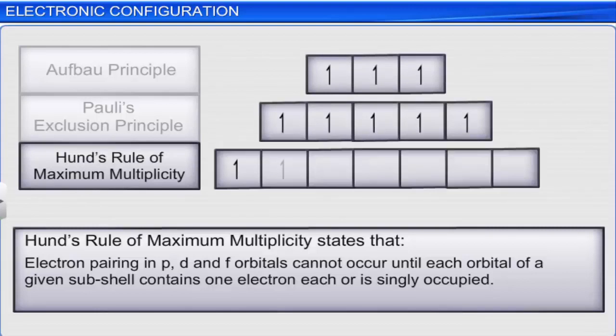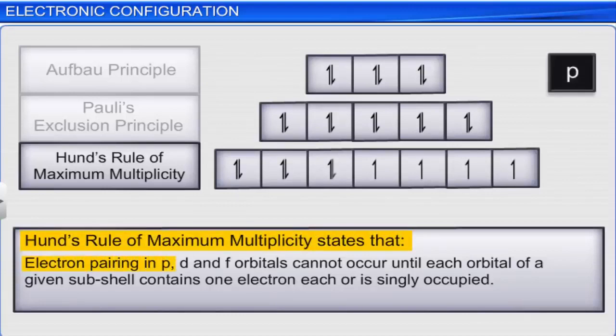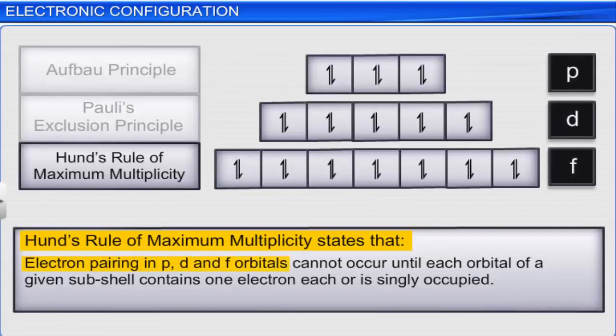It states that electron pairing in p, d and f orbitals cannot occur until each orbital of a given subshell contains 1 electron each or is singly occupied.